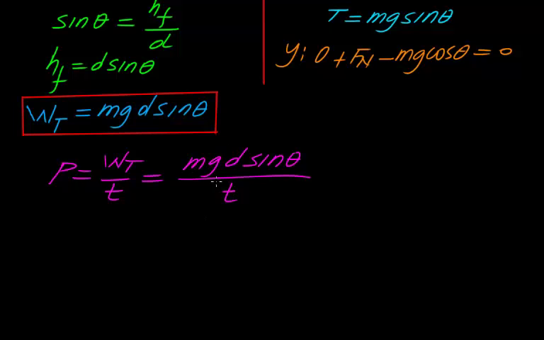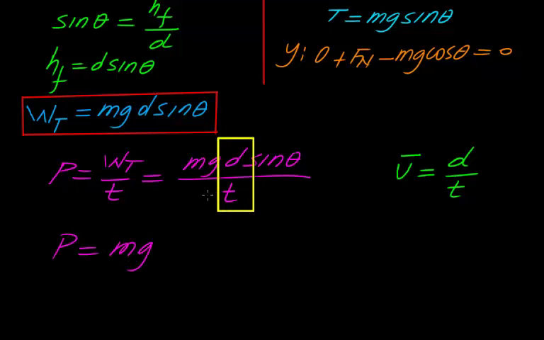Notice that the ratio of the displacement over time is known as the average velocity. The average velocity equals the magnitude of the displacement divided by the time t. Making the substitution, we obtain the power to equal mg, instead of d over t, that's the average velocity, times the sine of the angle theta.